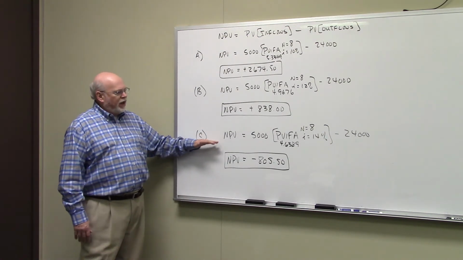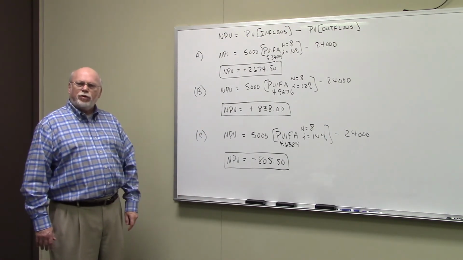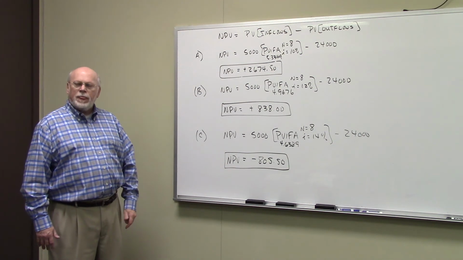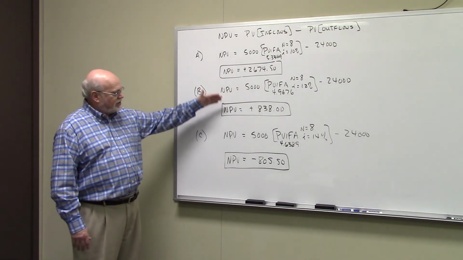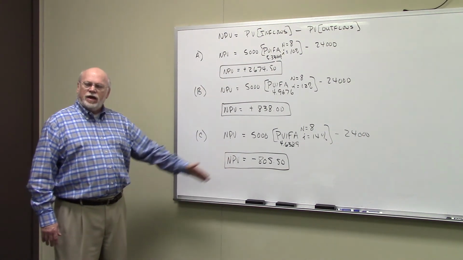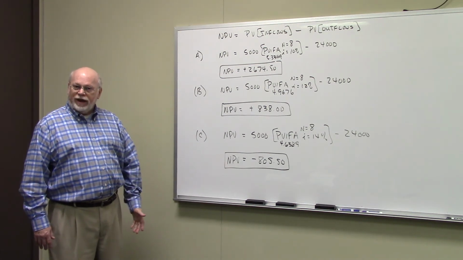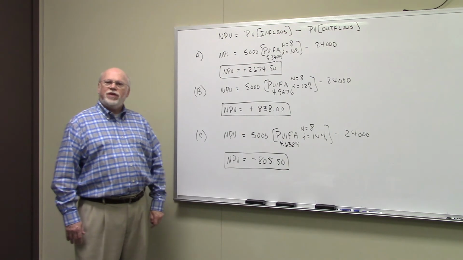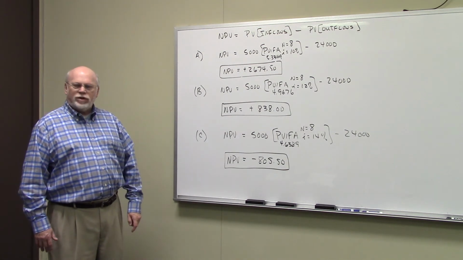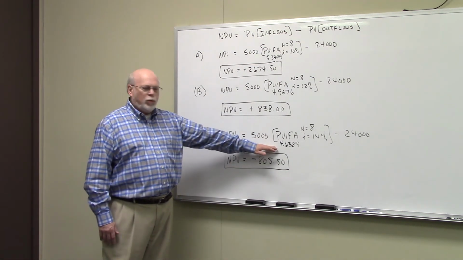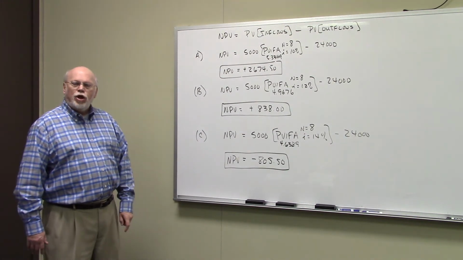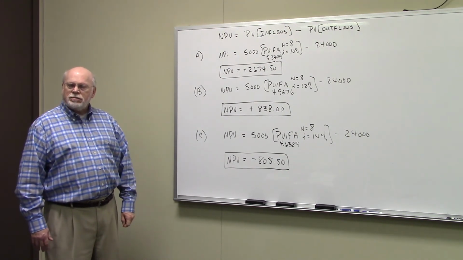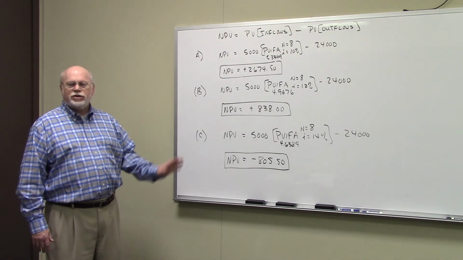In the C part, they increase the cost of capital, your minimum acceptable return, to 14%. And you can see, as you do that, net present value is going down. In this problem, 5,000 times our PVIFA at 8 and 14%, which is 4.6389. Multiply that by 5,000, that's the present value of the inflows.